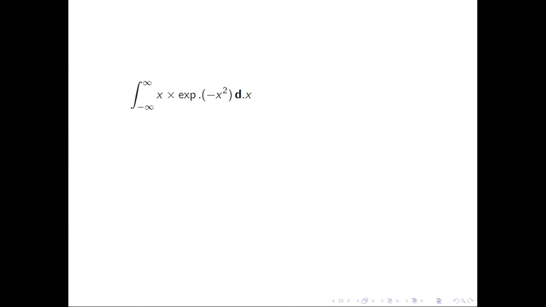So, we start off with this. The integral between negative infinity and plus infinity of x times exp of negative x squared dx. This is the exponential function, by the way. Well, we know what to do first. We split it up. So now we've got two integrals, between negative infinity and 0, and between 0 and plus infinity.